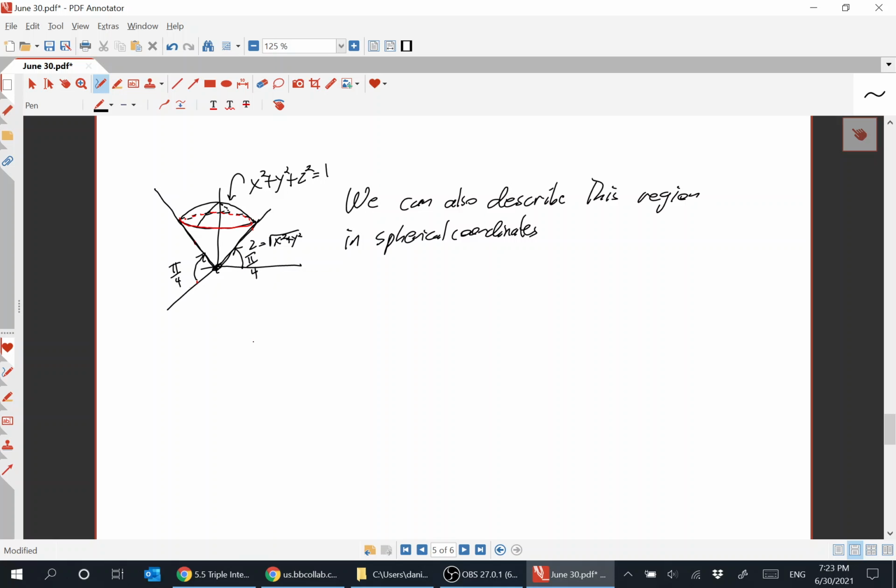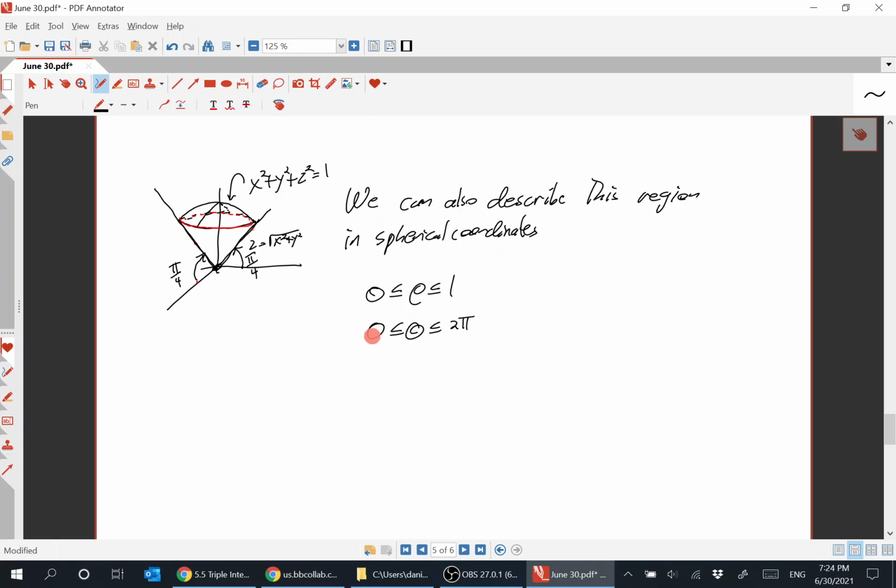slope 1, because you get exactly 45 degrees there. Right, so that's the line of slope 1, and then the rho, the spherical radius, is, of course, 1. So in terms of rho, theta, and phi, rho is from 0 to 1. Theta goes in a full circle, 0 to 2 pi.